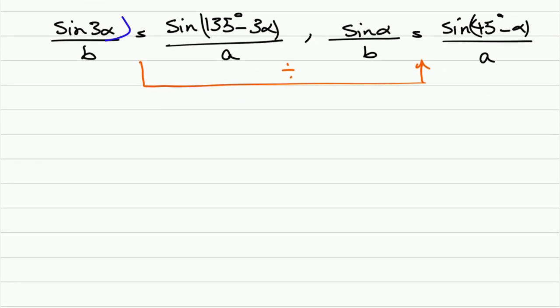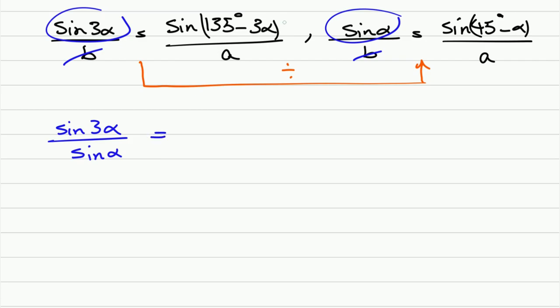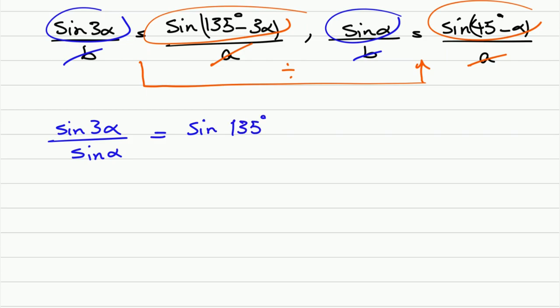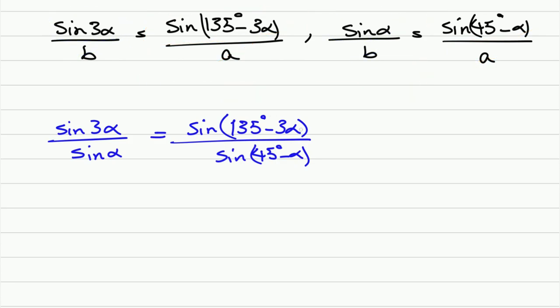We'll have this, sine of 3 times alpha over sine of alpha, and then B cancels out B. And that's equal to sine of 135 degrees minus 3 times alpha, over sine of 45 degrees minus alpha, and then A cancels out A. Now in here we can factor 3, we'll have 45 degrees minus alpha. And now this will be the final form of this equation.